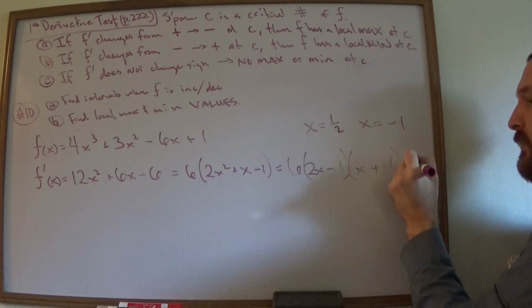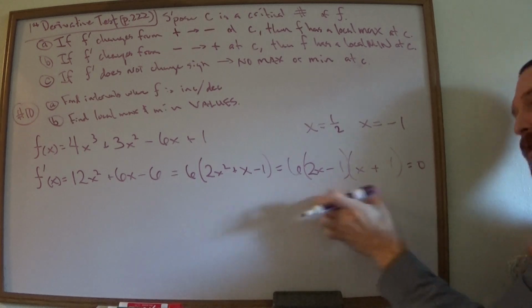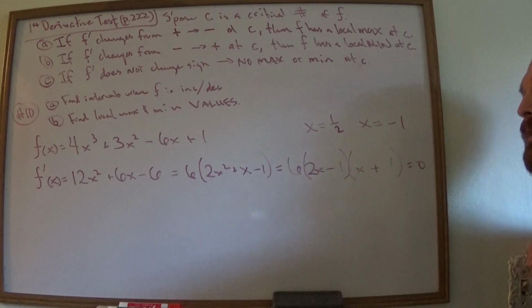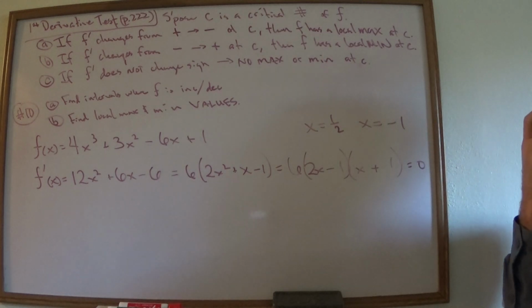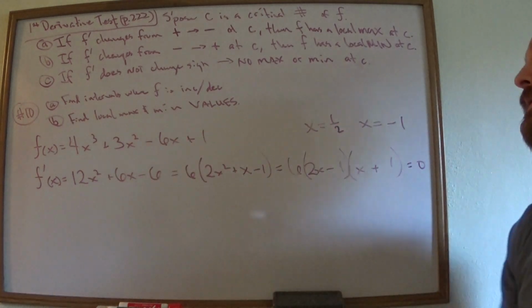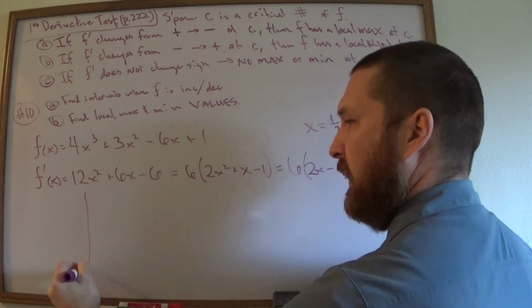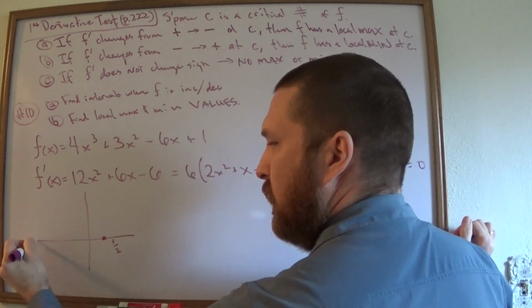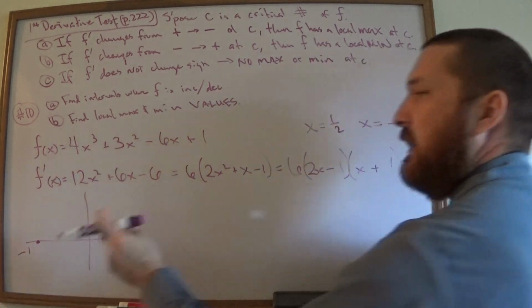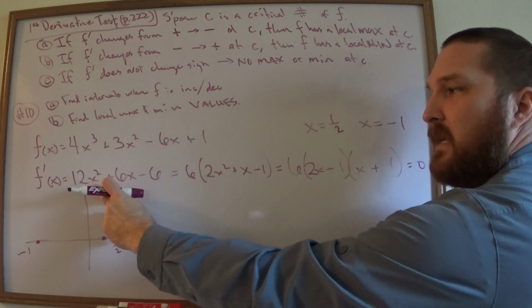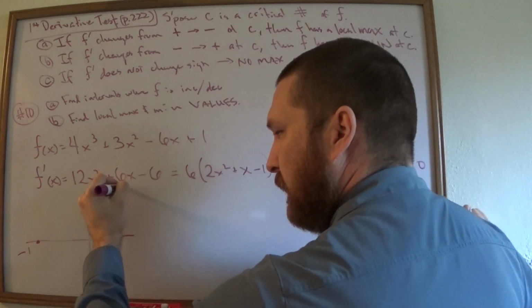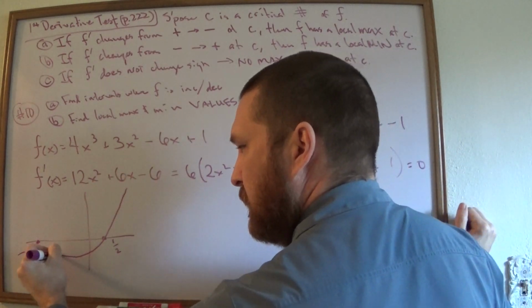Because we've set this equal to 0 and solved, and that gives me those 2 solutions right there. One last thing we need to do: is this an upward cup or a downward cup? Upward cup. I know where its zeros are, one at 1/2 and one at negative 1. It must be upward because the leading term is going to dominate when x gets really, really large, so it's going to look like a regular cup, like this.